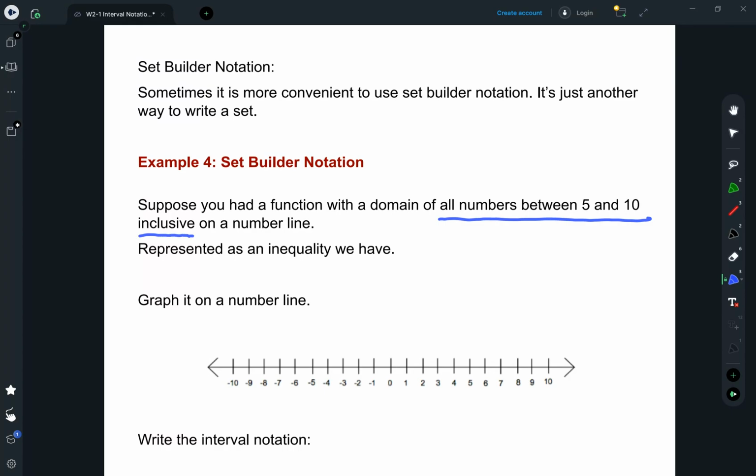Inclusive means including them, so we're going to do square brackets. But let's think about the inequality. All numbers between 5 and 10. So 5 is less than or equal to x because it's inclusive, which is less than or equal to 10. If we didn't want the 5 and 10 to be included, we would use the word exclusive, so excluding them.